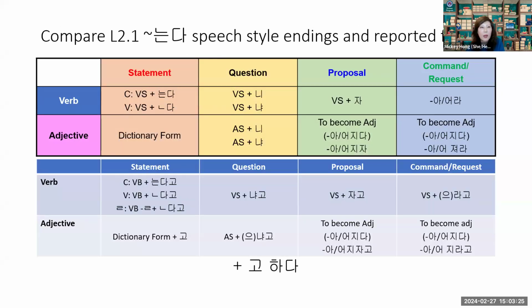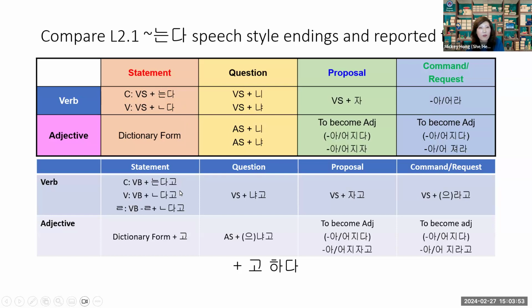Please note the 는다 speech style ending and the report forms. They are almost parallel. For statements, if it is a verb, 는다, ㄴ다, and dictionary form for adjectives.